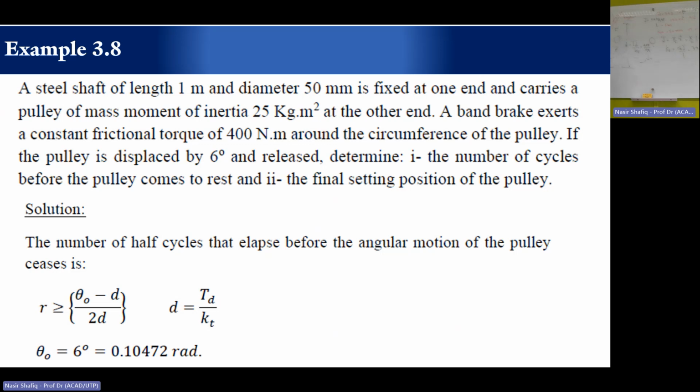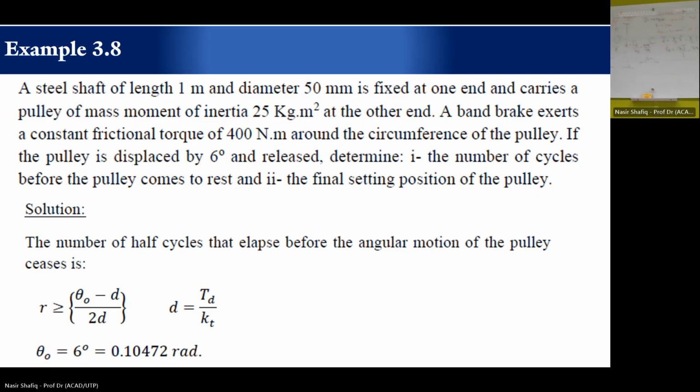400 upon 49,000. That was 0 point something, right? So it will be 0.10472, right?